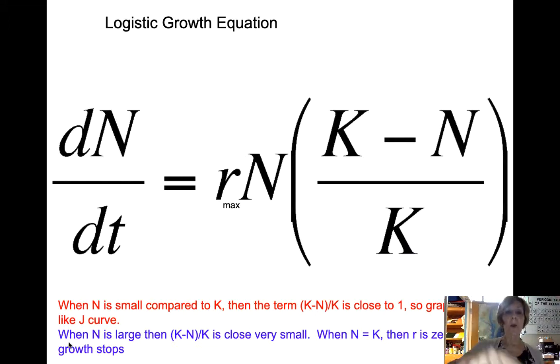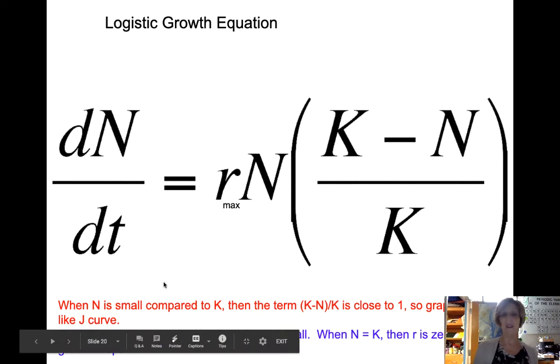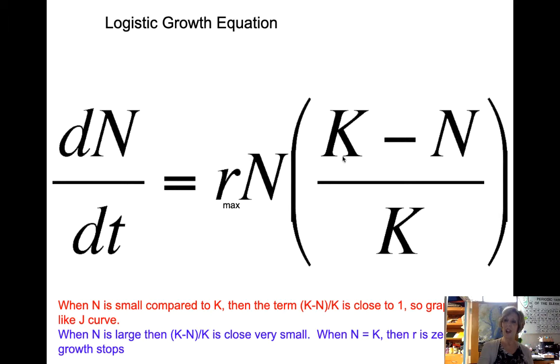So here we have the change in population over the change in time equals rN, right? So this part right here is my exponential growth. But now I've got (K minus N) over K. This whole thing is the new piece for logistic growth.